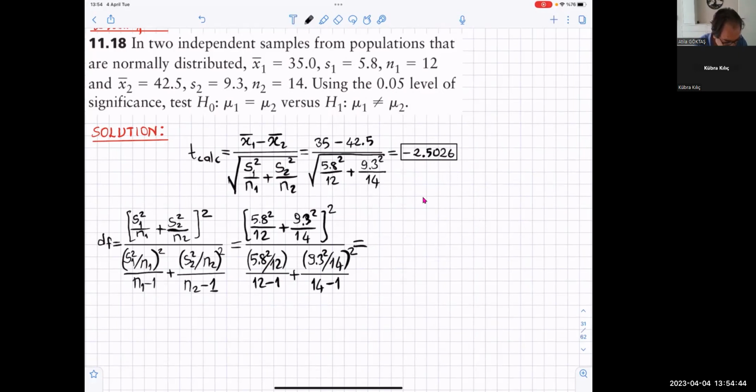5.8 square divided by 12 plus 9.3 square divided by 14 square.